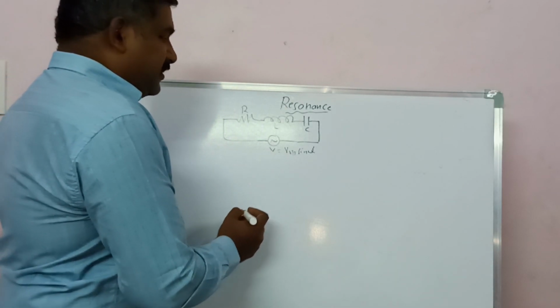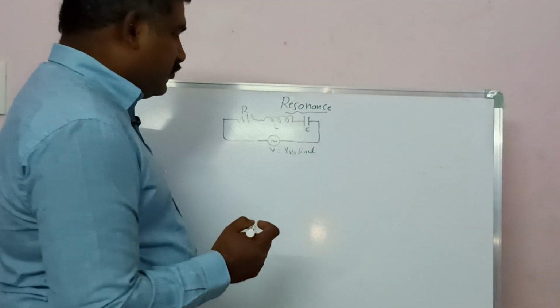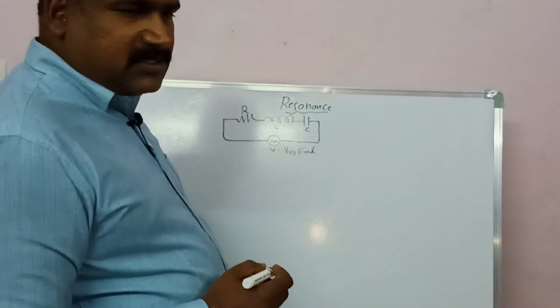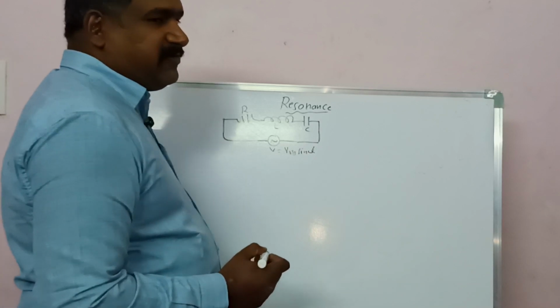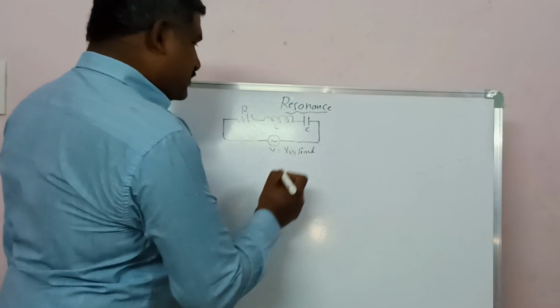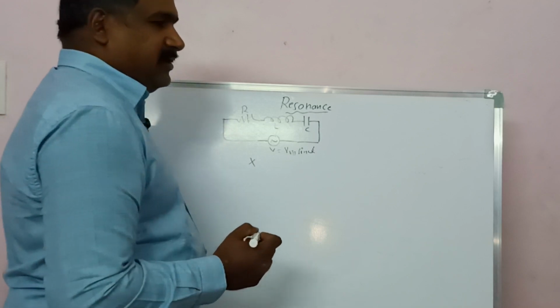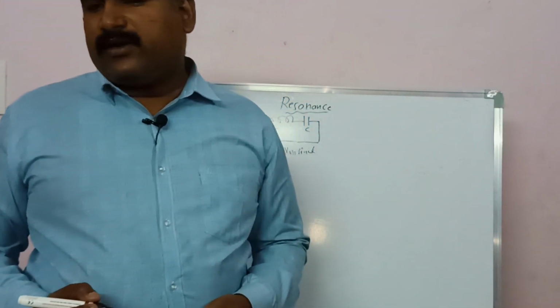So assume that the voltage profile is held constant, and the frequency is the only term that can be varied. Resonance can operate in lagging power factor, leading power factor, or unity power factor.